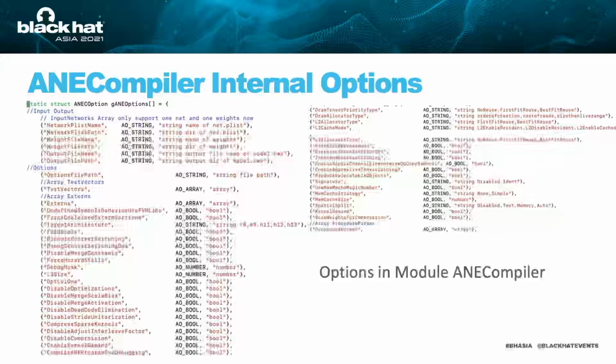The ANE compiler has many internal compilation options. I have extracted the options from the module and put them in the compilation tool I wrote, and you can refer to them if necessary. It should be noted that, in addition to the input and output path parameters, at least the target architecture parameter is required to compile normally.